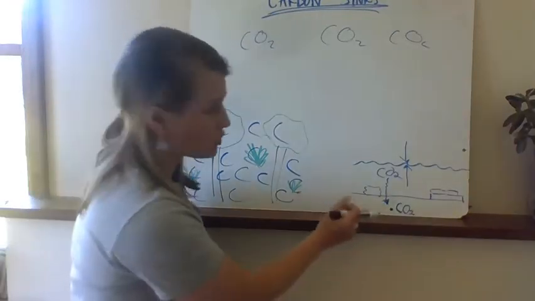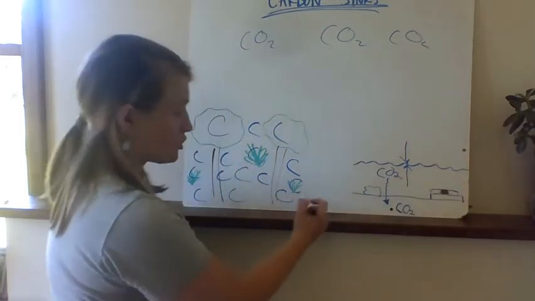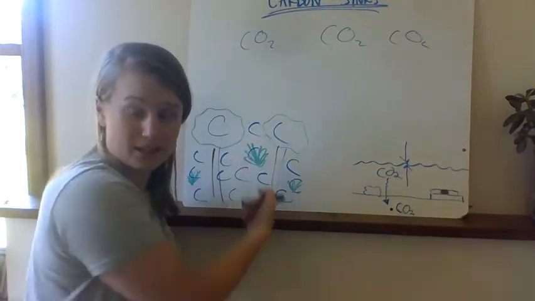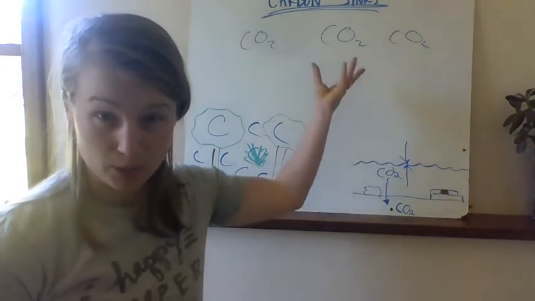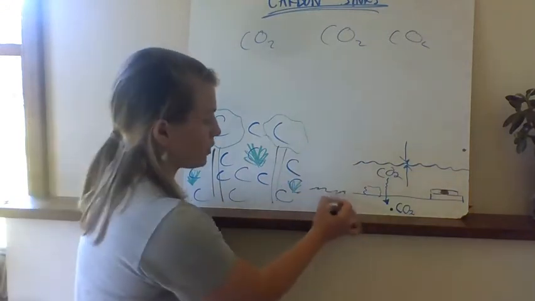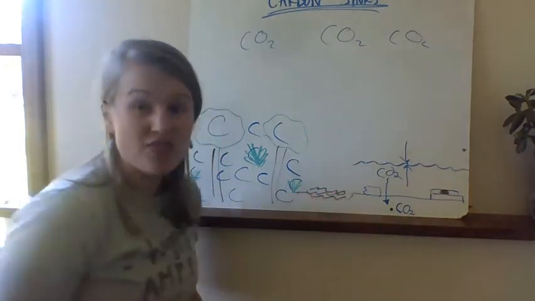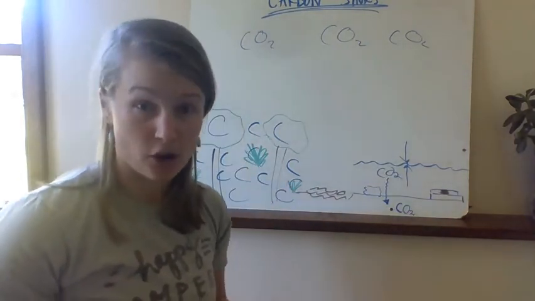Carbon can also be stored in rocks, like I talked about over here. It can be stored in the soil, like when these plants die, all of their decomposition might not be released. So some of the carbon that was in them might end up in the soil. And then the last huge sink of carbon is a fossil fuel.